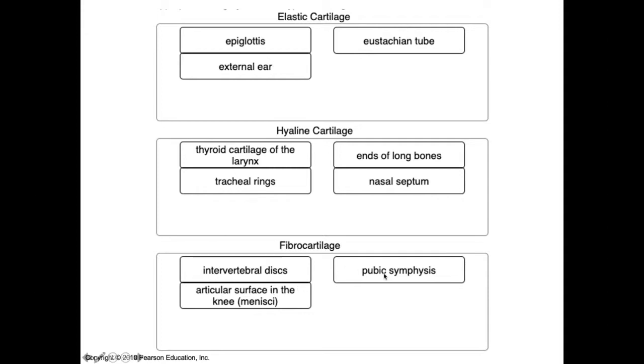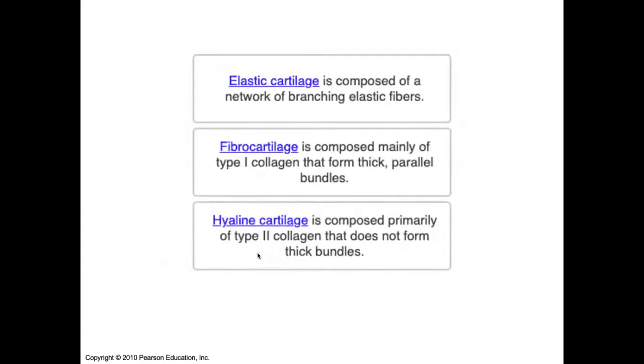Okay. Fibrocartilage would be the pubic symphysis, where the pubic bones come together. The intervertebral discs between each vertebrae, that's fibrocartilage, very, very strong. And even the meniscus, the menisci of the knee, is fibrocartilage, the medial and lateral meniscus.